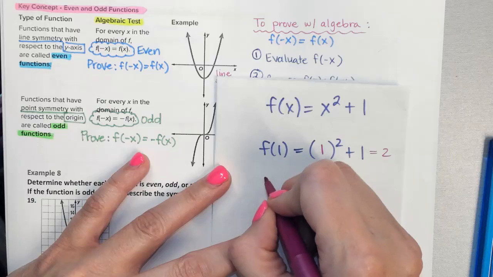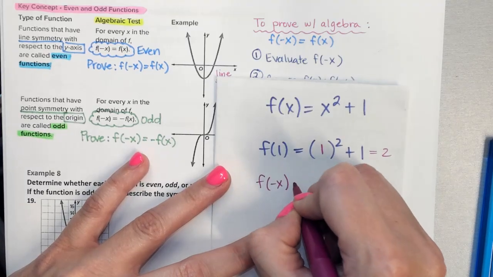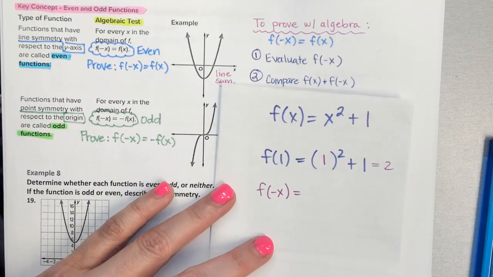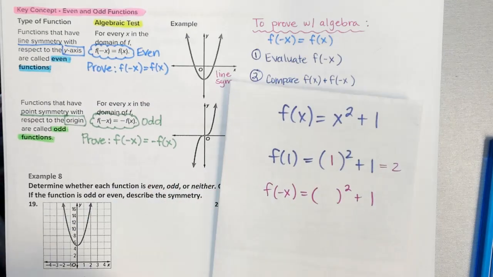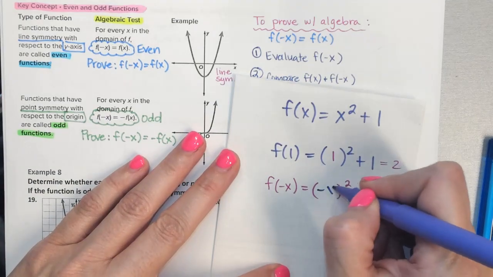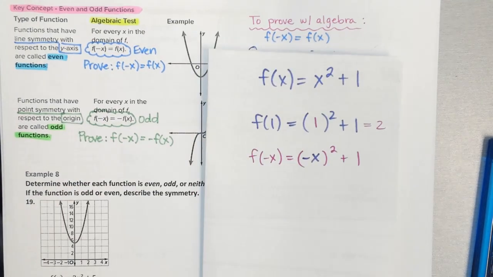If I were to find f of negative x, I would do something similar. So I'd have x squared plus 1, but instead of x, I would plug in negative x. Okay, I want you to think about what negative x squared is. Technically, it's not negative x squared.